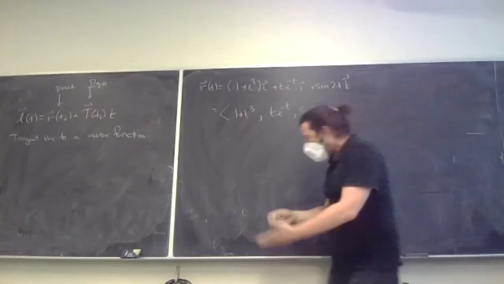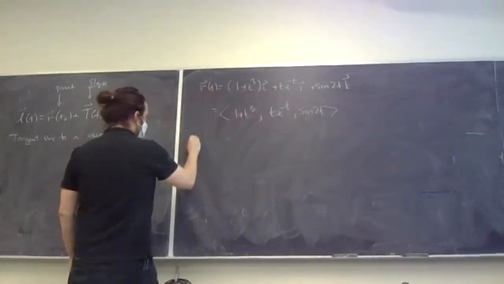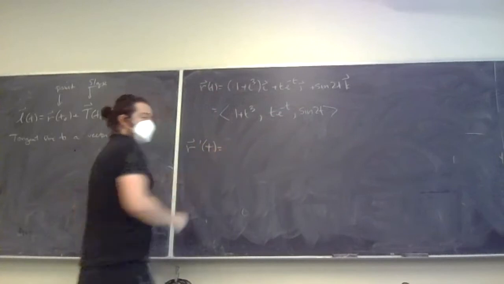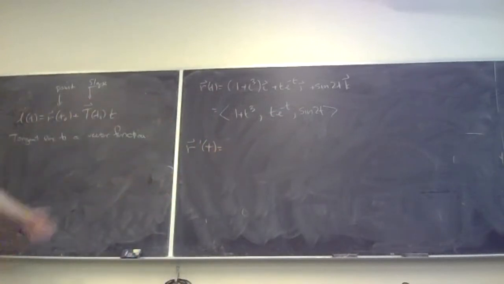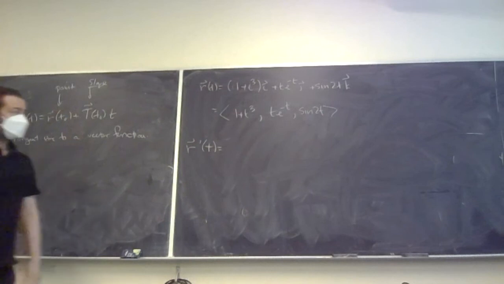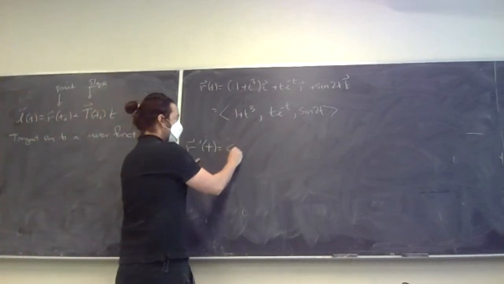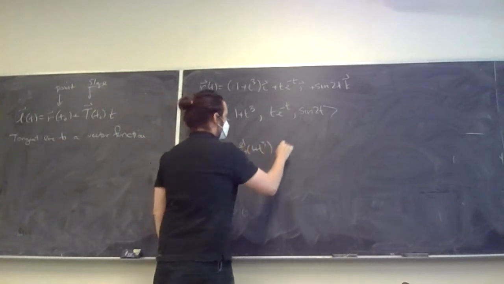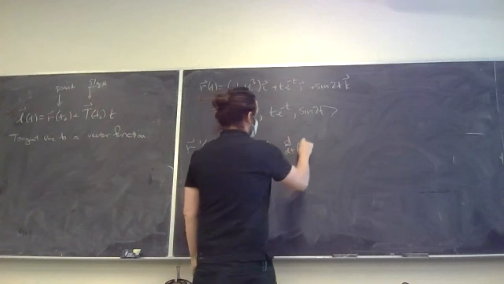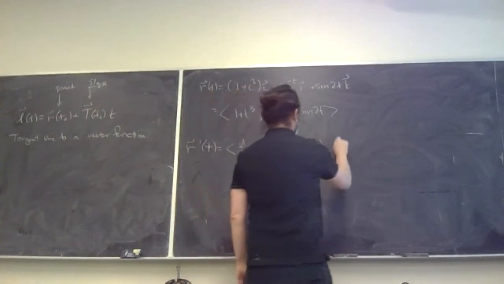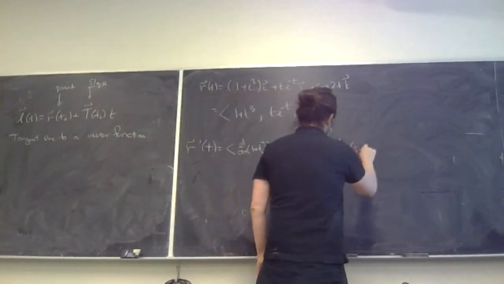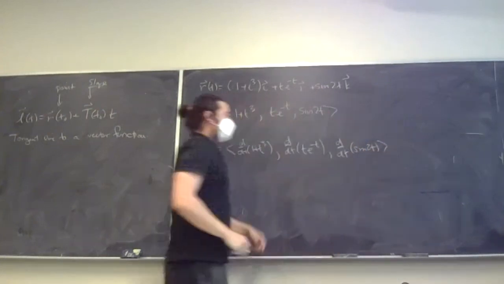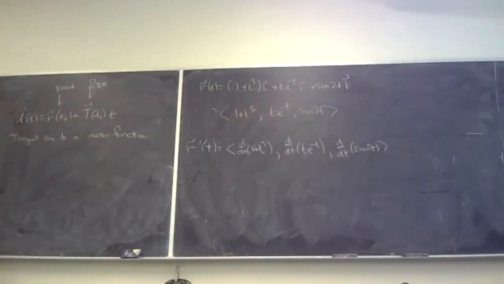Okay, so how does r prime of t work? Well, it works exactly the way we think it should. If I want the derivative of a vector, I just take the derivative of the components. r prime of t is equal to d by dt of 1 plus t cubed, d by dt of t e to the minus t, d by dt of sine of 2t. Notice that this requires that you remember how to compute derivatives, unfortunately.